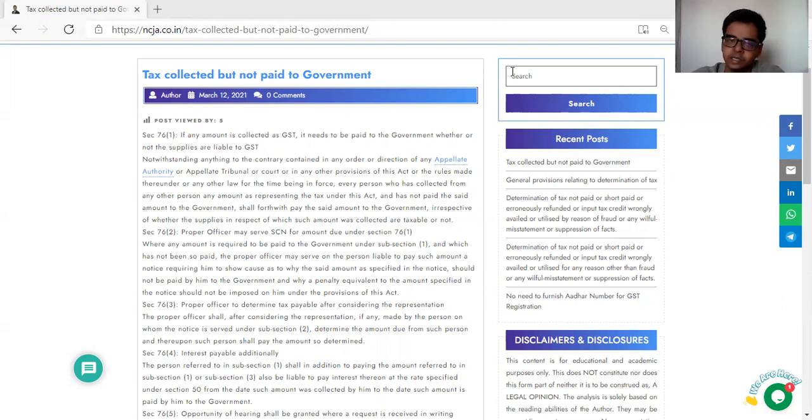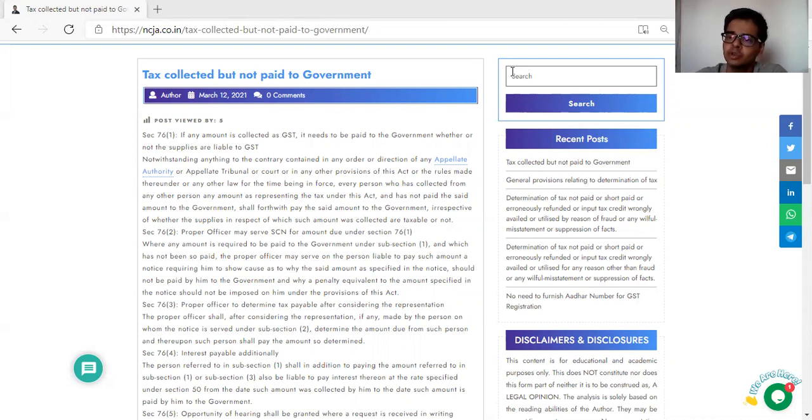Why this section? In the earlier regime, service tax, VAT, what used to happen was the taxpayer collected the money from his customers properly. However, he refused to pay it to the account of the government. In the earlier regime, it all used to work. Why?